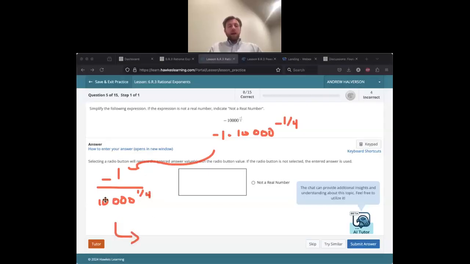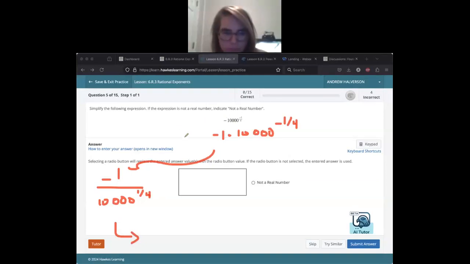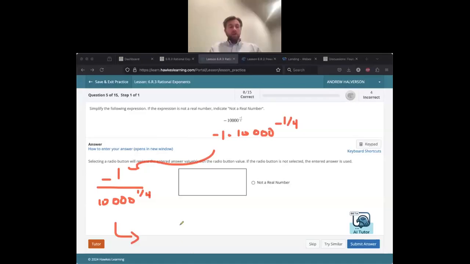Now you convert the exponent of 1/4 to the 4th root of 10,000. And if you did that on your calculator, what would you get? The 4th root of 10,000 is 10.